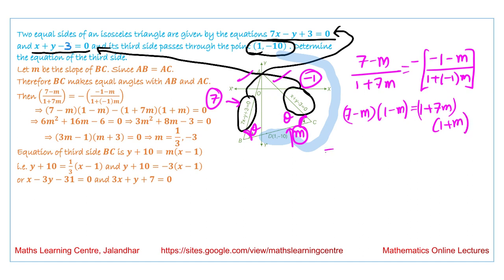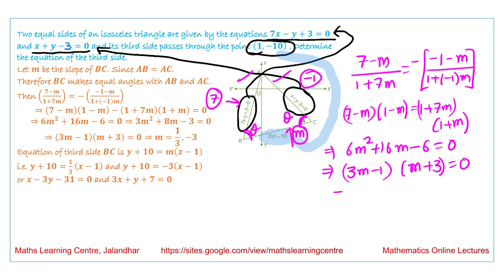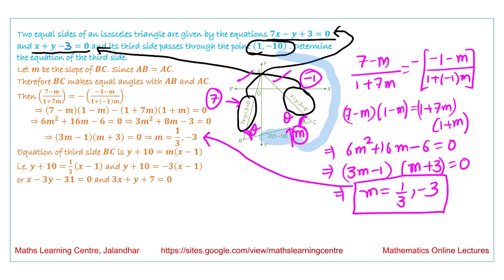This is a quadratic equation and it becomes 6m square plus 16m minus 6 is equal to 0. On solving this we obtain (3m minus 1) into (m plus 3) is equal to 0, and this implies that the values of m are 1 by 3 and minus 3. These are the values of m that we have obtained.